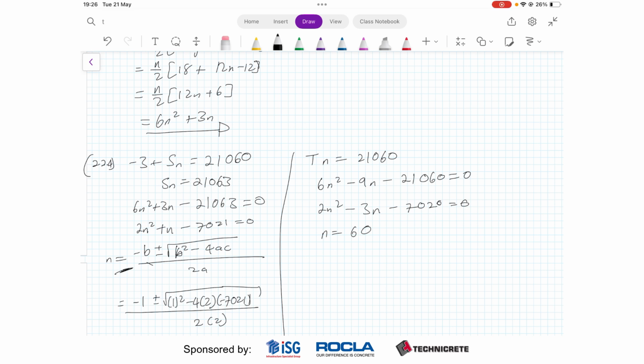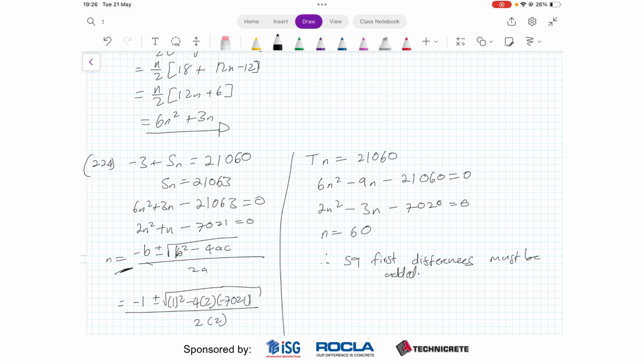Plugging this into our quadratic formula, we find that n equals 60, right? But remember that we are looking for how many consecutive first differences were added to the first term. So here we are going to conclude that 59 first differences must be added, because remember what I told you in the beginning.